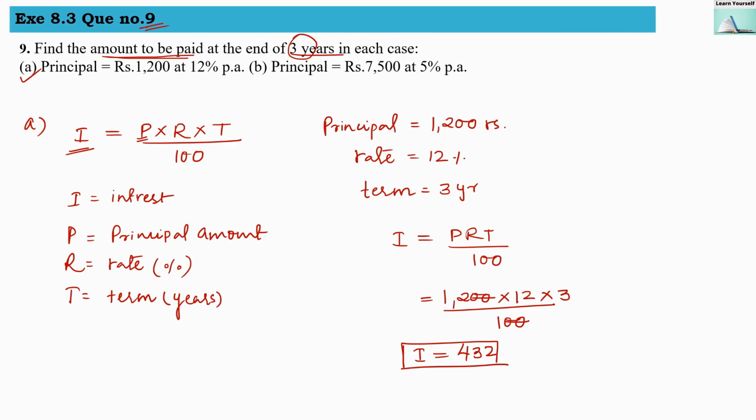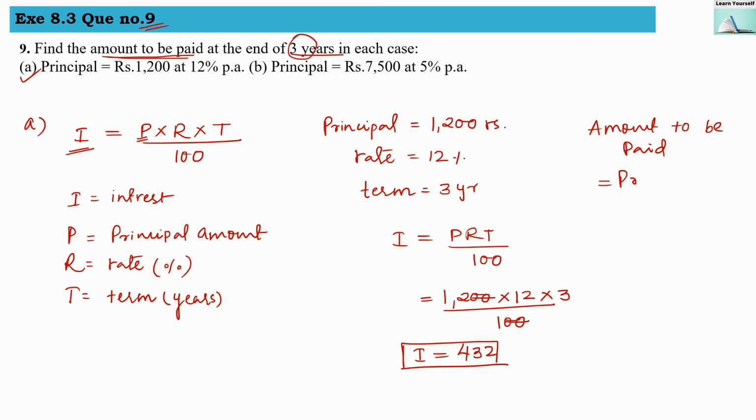When we are going to find out the amount to be paid, the amount to be paid will be equal to principal amount plus interest. What we have taken, along with that interest also we have to add.